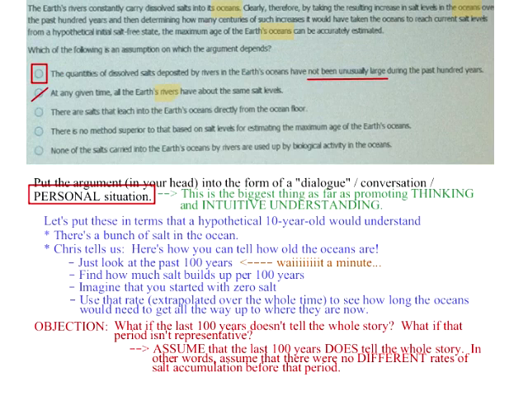There are salts that leach into the Earth's oceans directly from the ocean floor. Well, okay. But number one, this would not be necessary. Remember, it doesn't really matter how. There's no necessary way for the salt to get there. The point is just that the salt gets there.